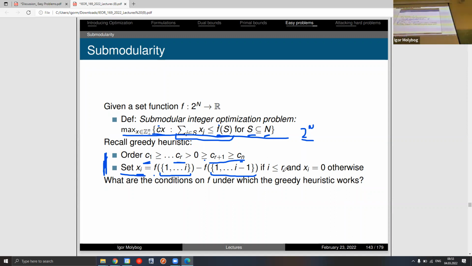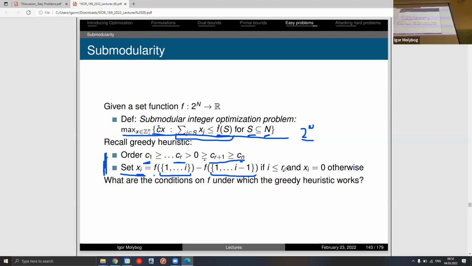The marginal value was something like ci over ai, in the case where we had maximization of cx subject to ax less than or equal to b, and we were looking at ci over ai to understand the value vi of a particular item, and we were thinking about putting an item into our box if this ratio was big or not.